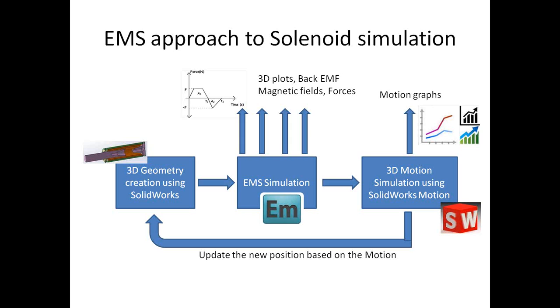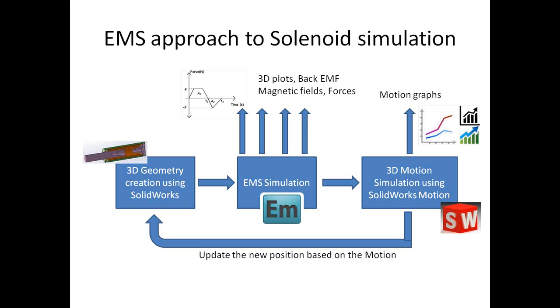Now this force that EMS calculates based on the application is then fed into SolidWorks Motion. That drives the movement of the actuator here in this case of solenoid. And SolidWorks Motion is capable of generating very rich graphs which track the velocity, acceleration, displacement, etc. of the component as a function of time.